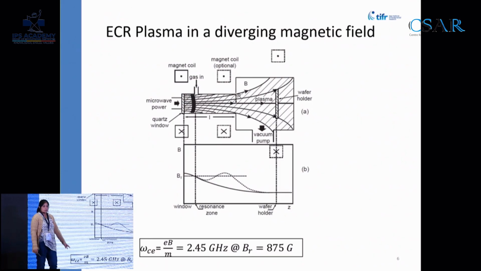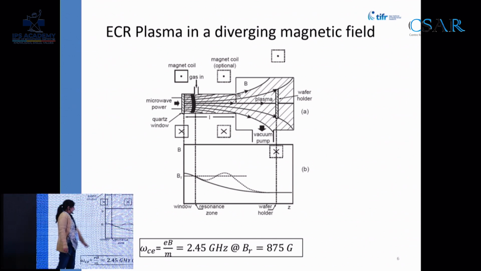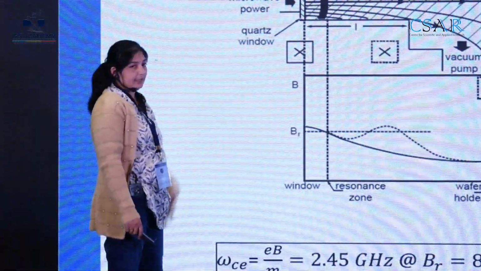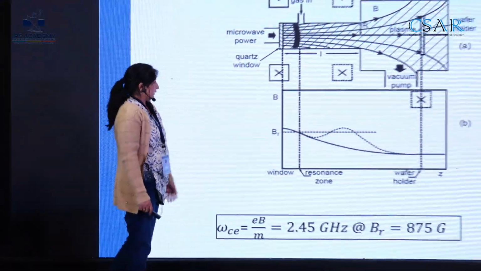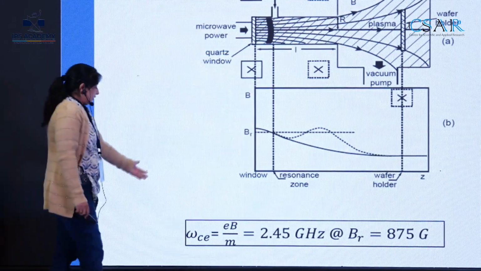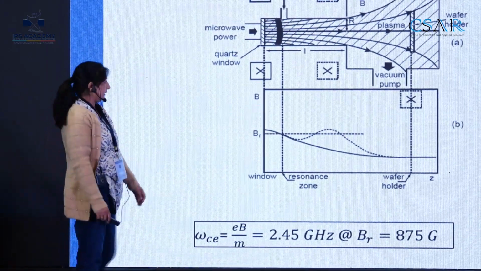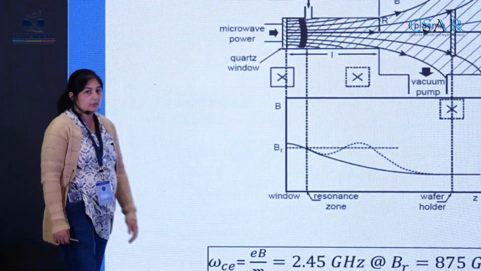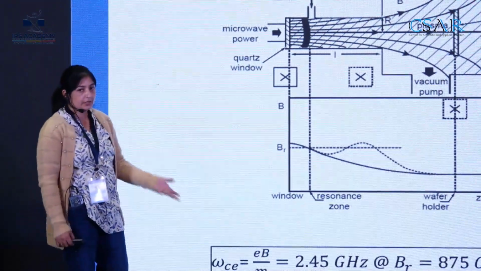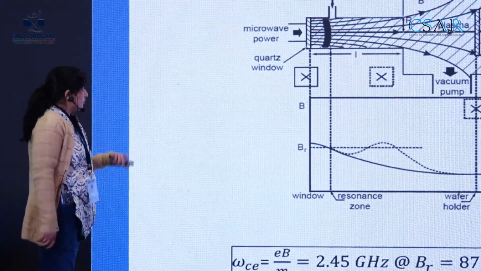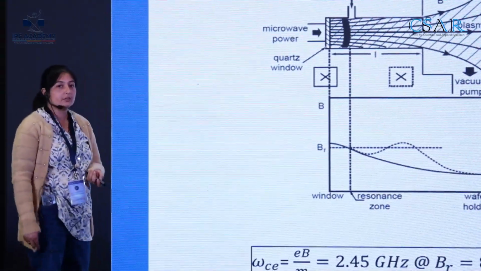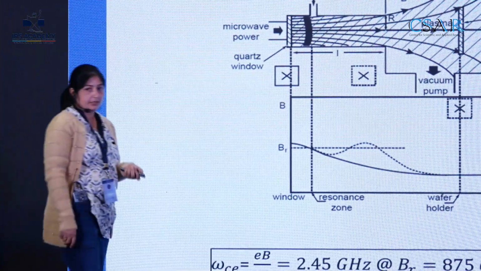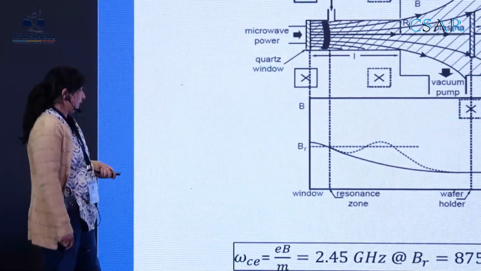At 2.45 gigahertz, at a location of 875 Gauss, the gyration frequency of the electrons in the field matches 2.45 gigahertz. At this location, the microwave energy is transferred to the electrons, and these electrons impact on the neutrals and create the plasma. This process is called electron cyclotron resonance plasma. This plasma can then flow into a bigger expansion chamber where you can utilize it for your processes.